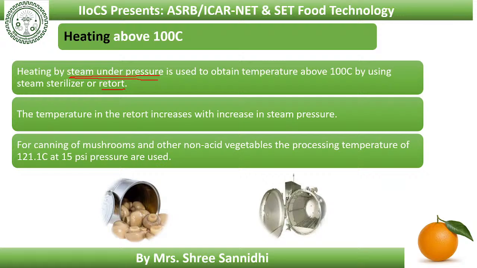The temperature in the retort increases with increase in steam pressure. For canning of mushrooms and other non-acid vegetables, a processing temperature of around 121.1 degrees Celsius at 15 psi pressure is used.